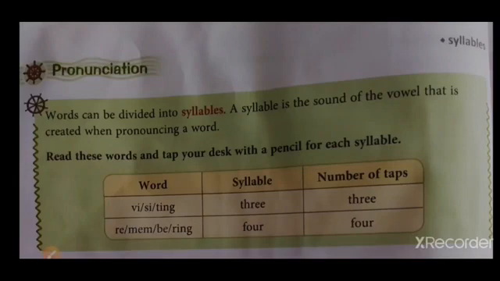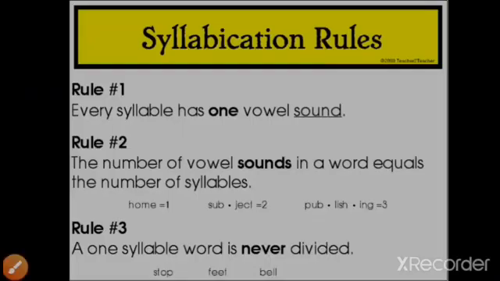Once again, remembering. So it has 4 syllables. Like this, I will explain with more examples. Before that, we can see syllabication rules. Rule 1: Every syllable has one vowel sound.